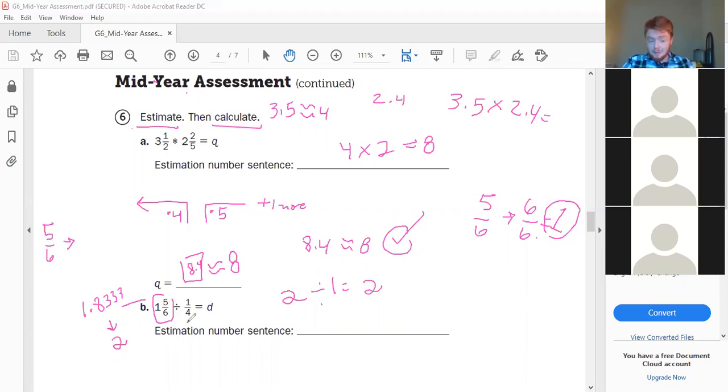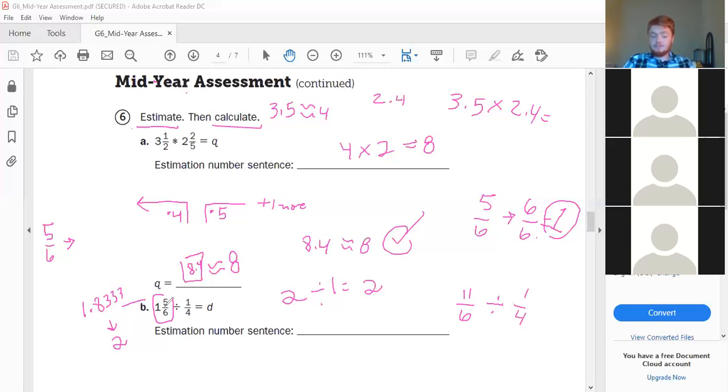A mixed number looks like this. There's a big number and a fraction. An improper fraction is when there's a big number on top of a little number. In case you forgot. So we're going to do 6 times 1, which is 6, plus 5, which is 11. Okay. We have our divided by 1/4.